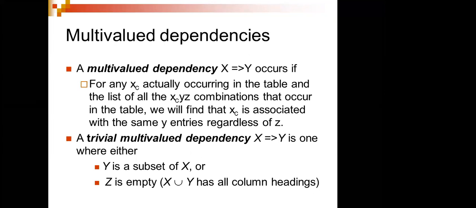A multi-value dependency X to Y occurs if, for any X actually occurring in the table, we look at the list of all the X, Y, Z combinations that occur in the table, and we find that X is associated with the same Y entities regardless of Z. So what does it mean? Whenever I have one attribute in a table, there are other combinations.